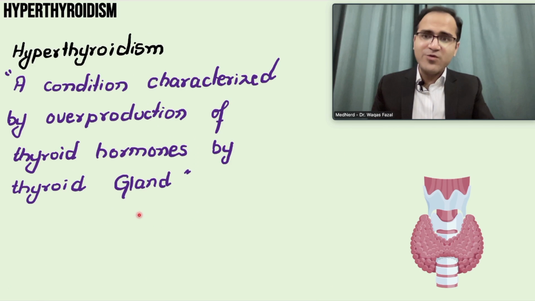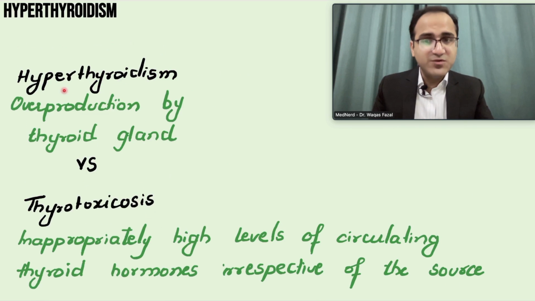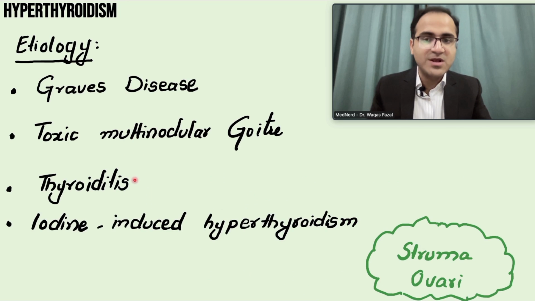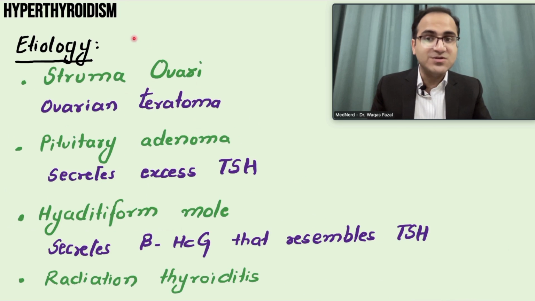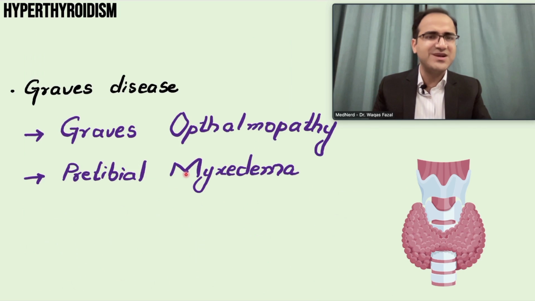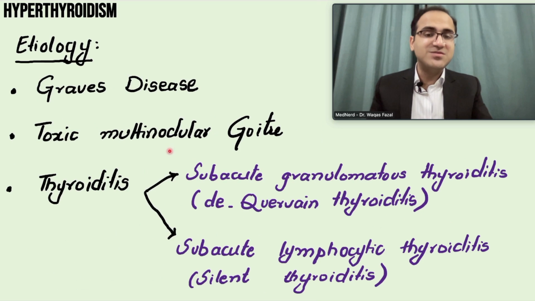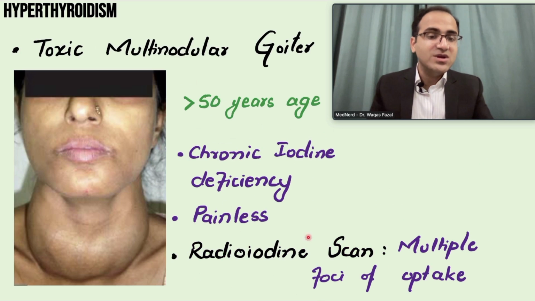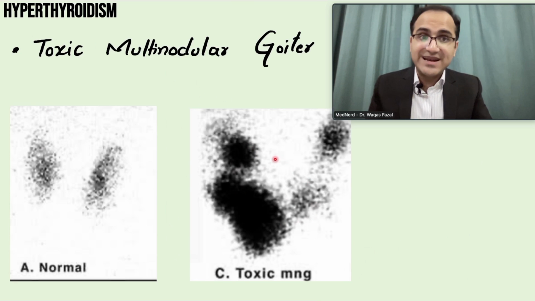In summary, we talked about what is hyperthyroidism, the difference between hyperthyroidism and thyrotoxicosis, Graves' disease being the most common one, iodine-induced hyperthyroidism, struma ovarii, pituitary adenoma, hydatidiform mole. Graves' disease, look for the antibodies, diffuse uptake on the scan, pretibial myxedema, ophthalmopathy in Graves' disease. Toxic multinodular goiter, multiple foci on thyroid scan.